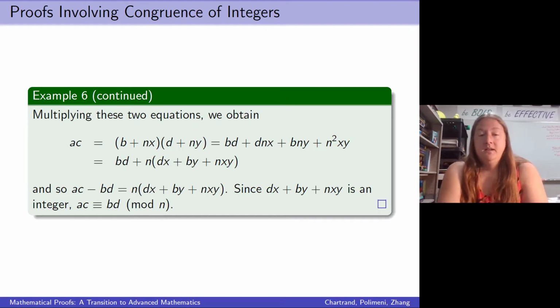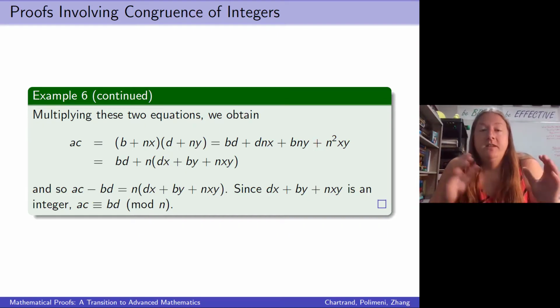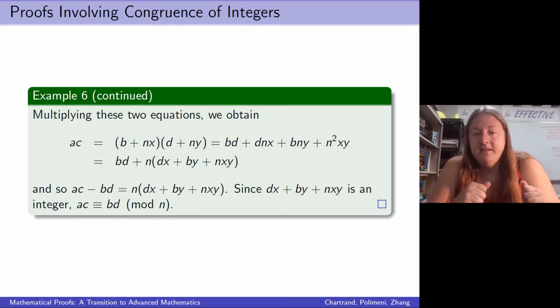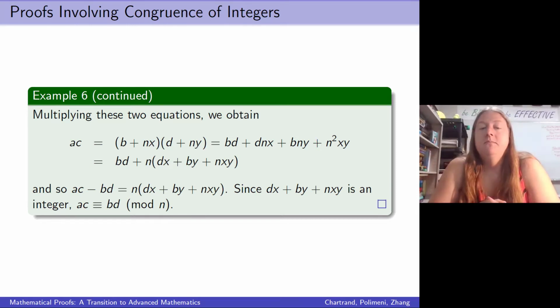Now, if I multiply the two equations, the left-hand sides and the right-hand sides, I end up with ac on my left-hand side, and on my right-hand side, b plus nx times d plus ny. Distributing all of that, I find that I have bd plus n times the quantity dx plus by plus nxy.